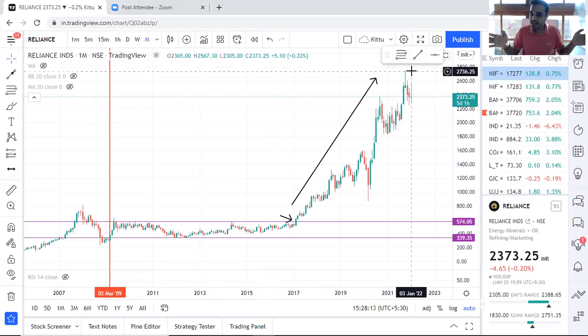In the 10 years, it didn't move. In 3 years, your money became almost 6 times. Is it amazing? I want to show the power of technical analysis and help a lot of people make use of technical analysis.